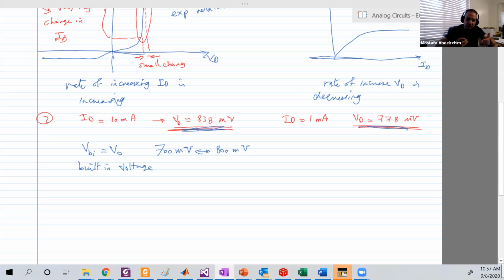So most of the time, the voltage drop across the diode when it operates or conducts is equal to its VBI. So VD is usually approximately equal to VBI.